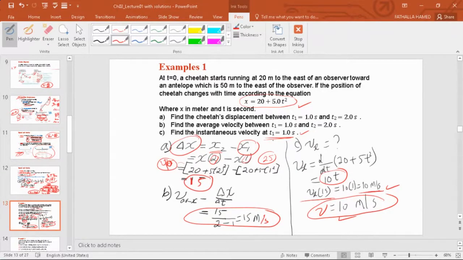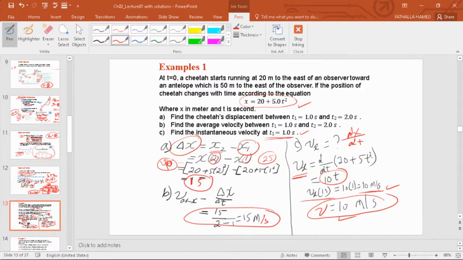Now in C, find the instantaneous velocity at t equal to 1 second. Now it's different. Average is between 2 different times, instantaneous is at a specific time, and we choose the time to be 1 second. So basically Vx will be dx by dt, which is d by dt of 20 plus 5t squared.